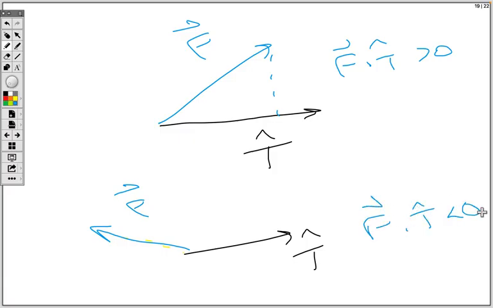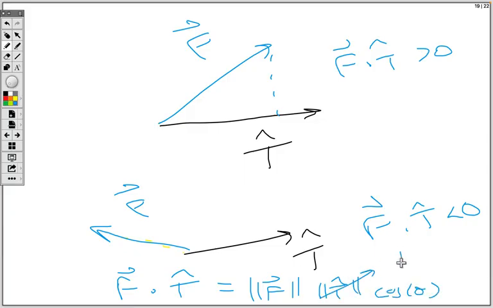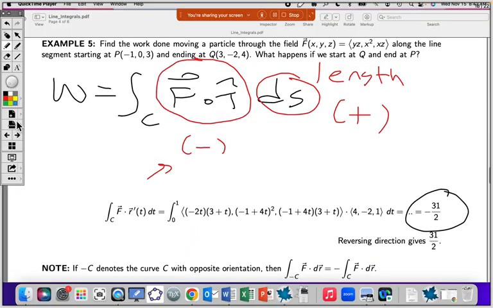So positive dot products, you're going more or less in the same direction. Negative dot products, you're going more or less in the opposite direction. And that comes from this little gem. That's going to be a 1 because that's a unit vector, but that has to do with that theta. Okay, so once again, properties of dot product help us understand what's going on here.